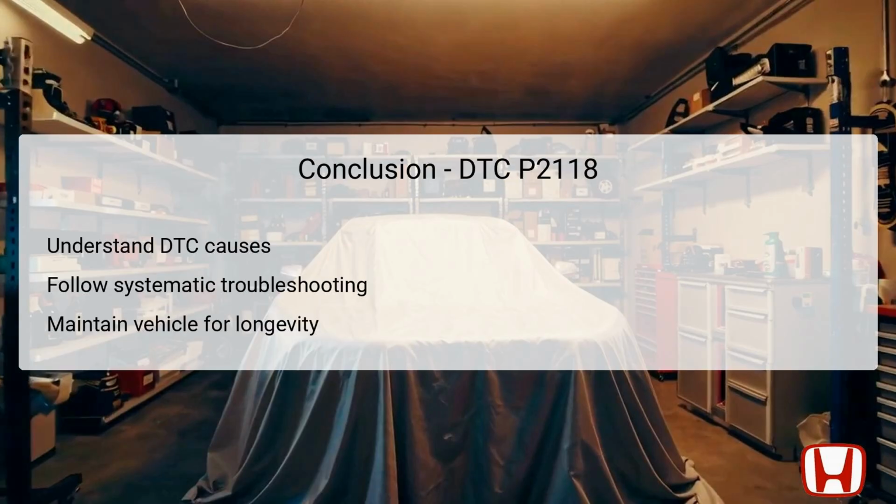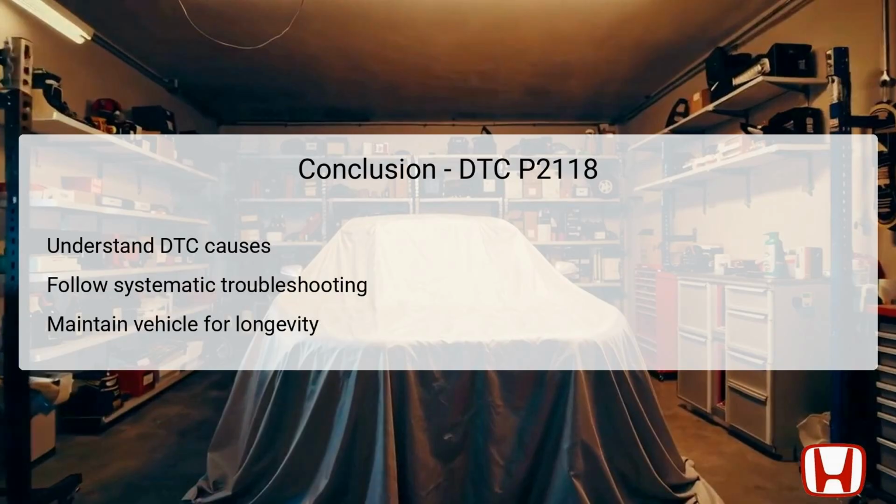In conclusion, the DTC P2118 indicates a throttle actuator current range or performance issue that can significantly affect vehicle performance. Understanding the possible causes and following a systematic troubleshooting approach is essential for effective diagnosis and repair.